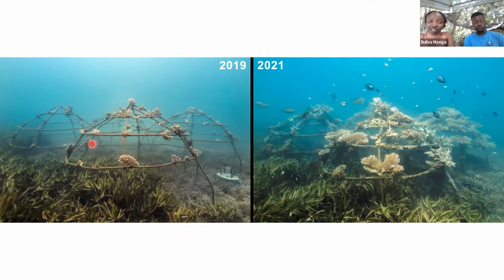When we talk about the outplanting process, after we outplant these corals on these structures, we leave them to grow on their own. But we do the monitoring to see how well these corals are doing and how the biodiversity is changing after outplanting them. But we let them grow on their own.